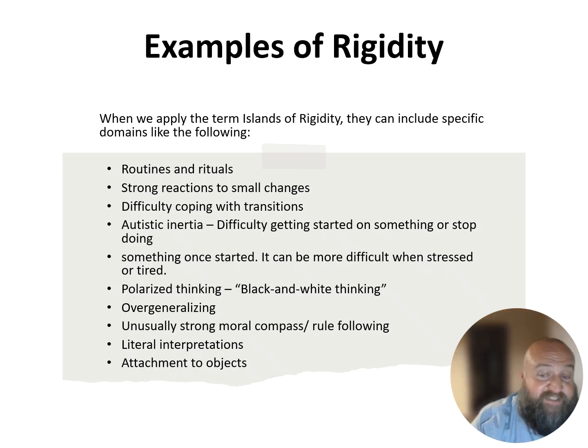One area that I say is very, very common with many people with ASD is what I have listed here as an unusually strong moral compass or rule following. All of us should follow rules. We should have a moral compass. Is this necessarily a bad thing? No. But I have seen some people with ASD where it is very, very strict.